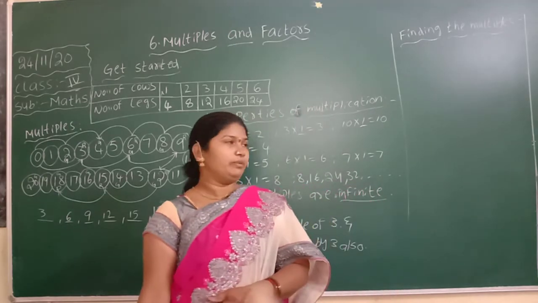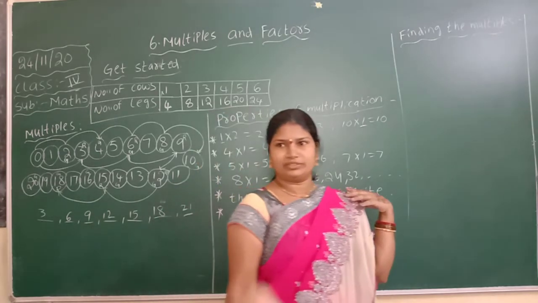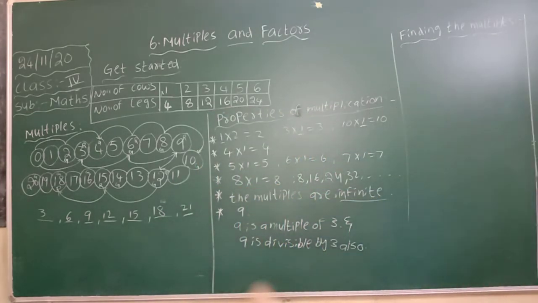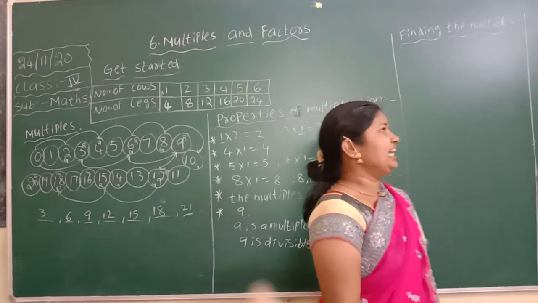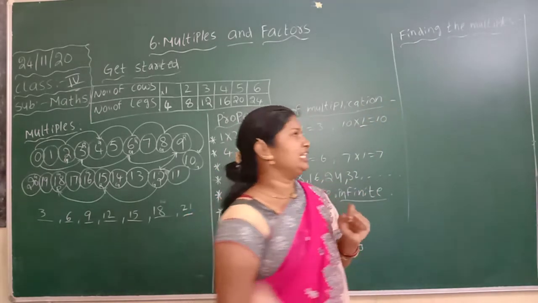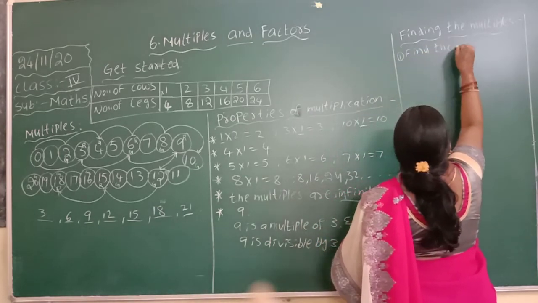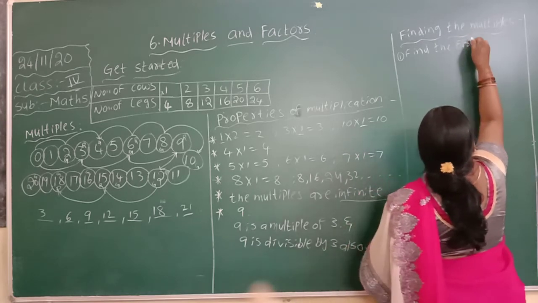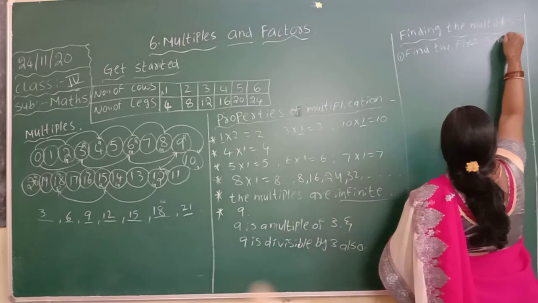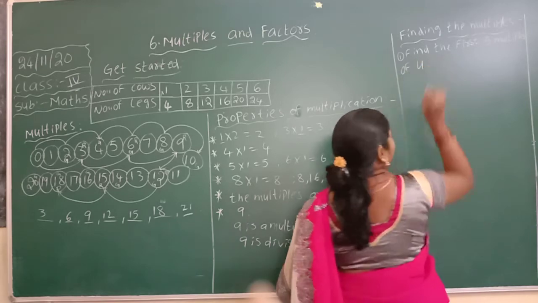For example, find the first 5 multiples of 4.